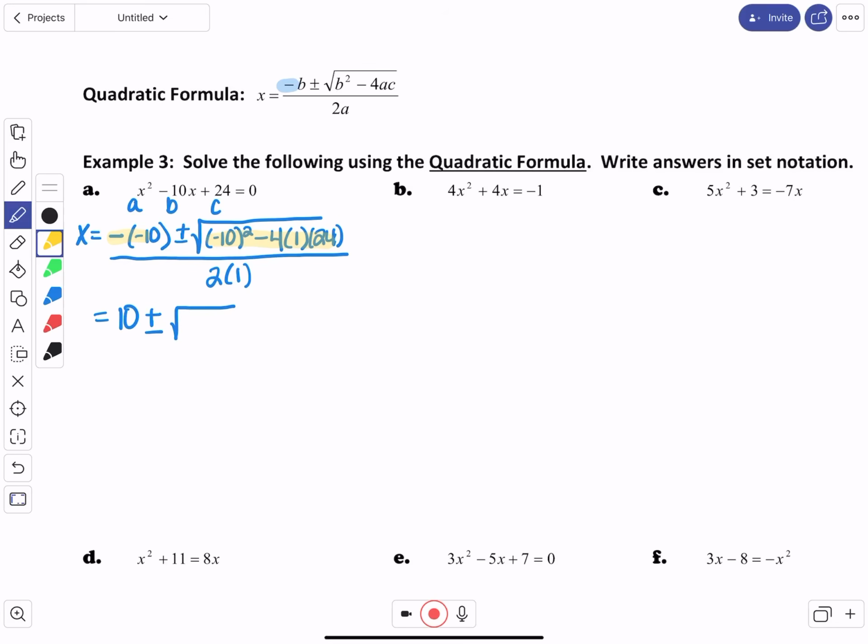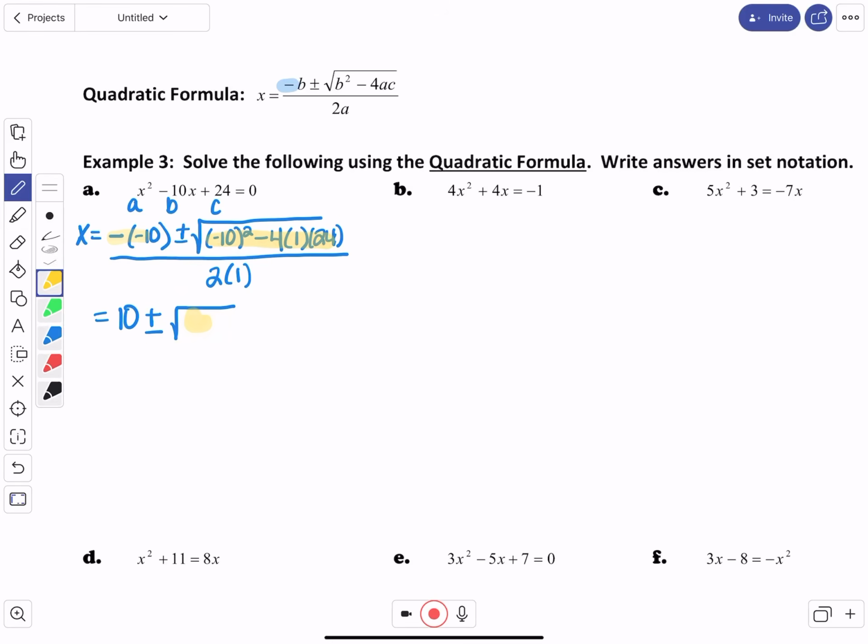I'm going to figure out this part in my calculator. Okay? Make sure you put that negative 10 in parentheses, because if you don't, you will get something different. Okay? So negative 10 squared minus 4 times 1 times 24 is going to give you 4.